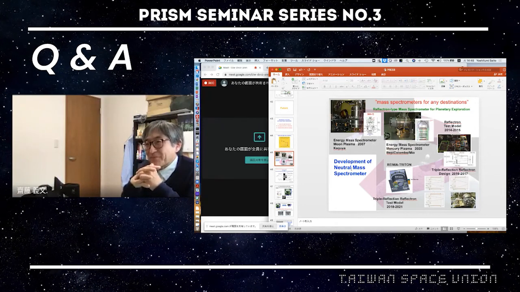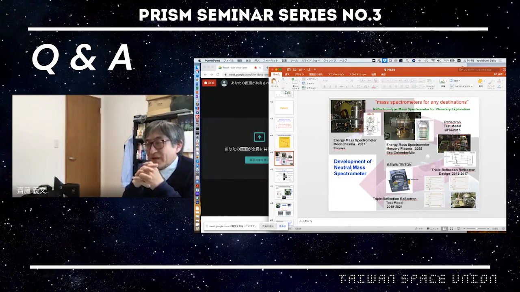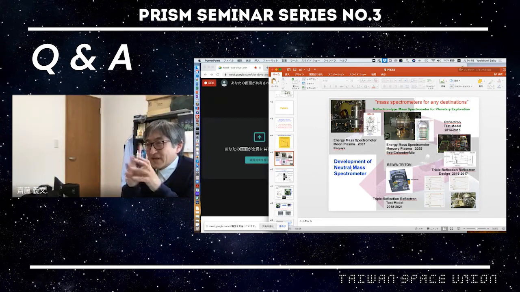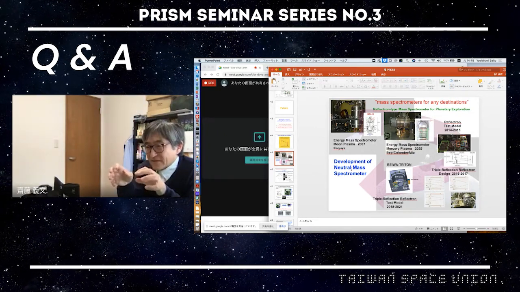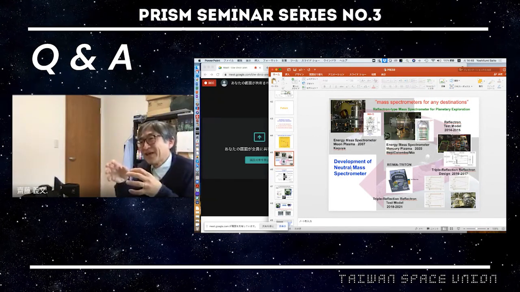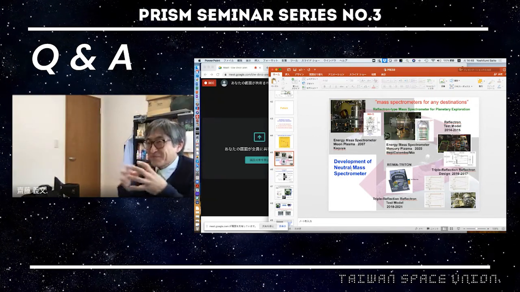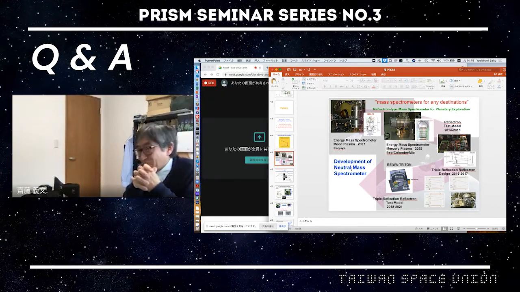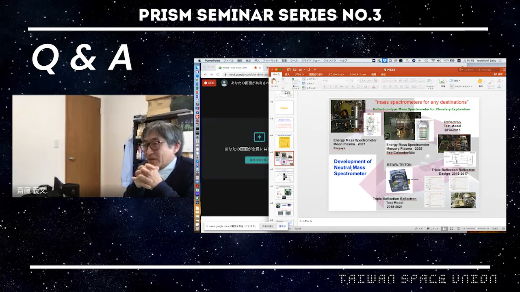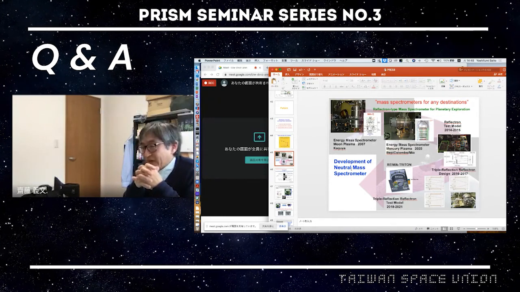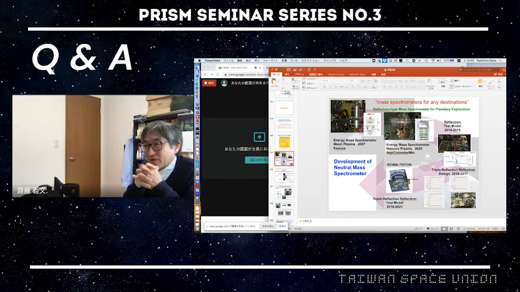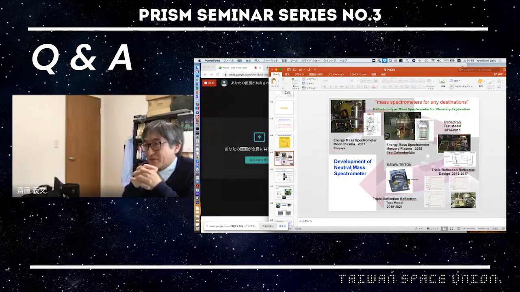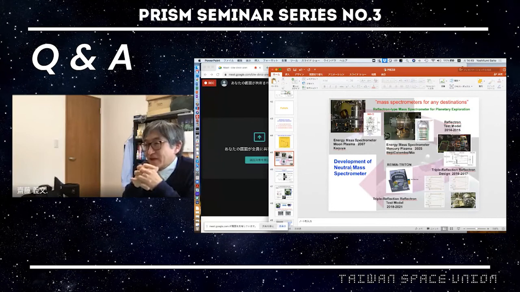The neutral mass spectrometer to measure atmospheric particles has to measure neutrals coming from any direction. And those neutral particles should be ionized in some way. We are now developing the ionizing part for the neutral particles.